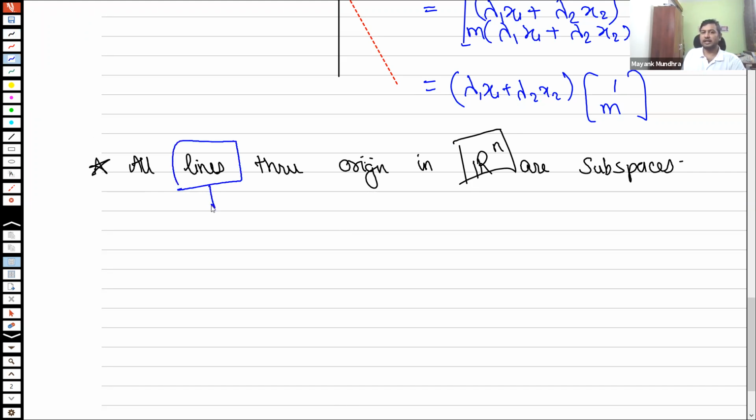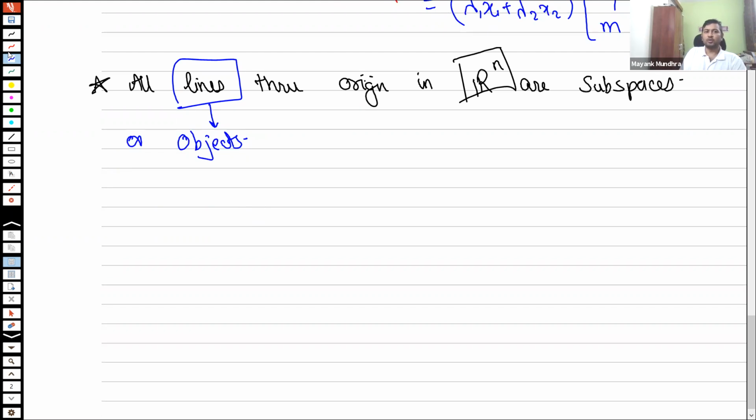And not just lines, all infinite objects, meaning planes or three-dimensional structures. Everything passing through the origin, which has no restriction and can go to infinity in all directions, is going to be a subspace. So this infinity is an important thing.